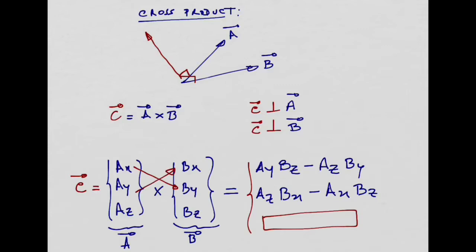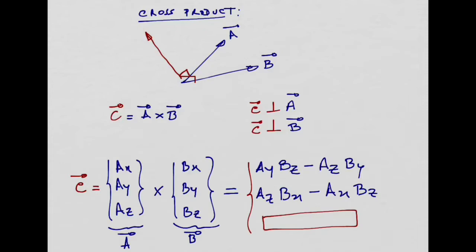So basically, if I want the z component, I ignore the z terms and I do the cross product with the other two components of the vectors. If I want the x component, I ignore this and I do this cross product. You see how it works? If I want the y component, I ignore this and I do this cross product. It works like that, right?